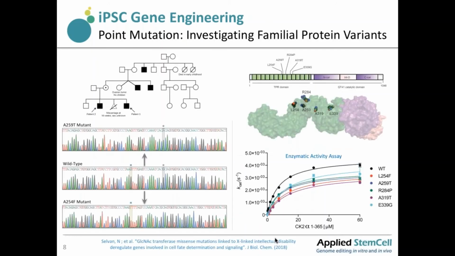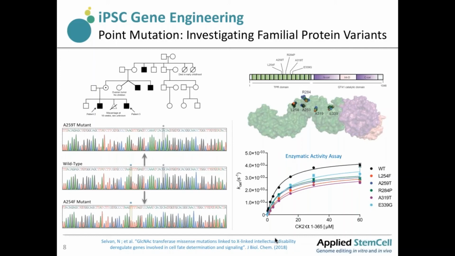And this is an example of mutation variants in a familial protein variant example. So basically, this family contains a mutation in a particular gene, and we're able to create these mutation variants using gene editing.